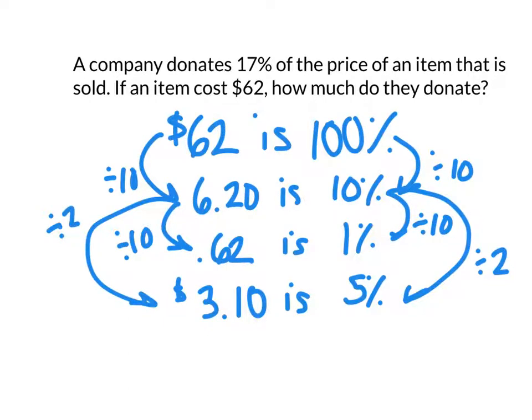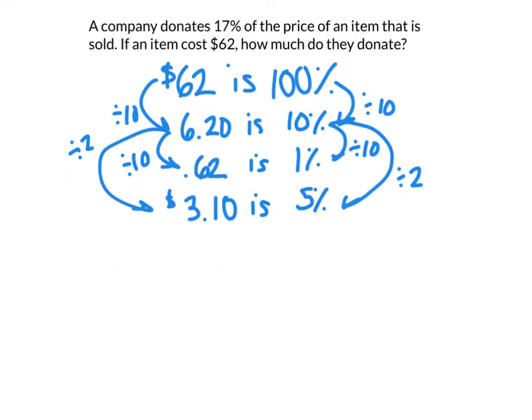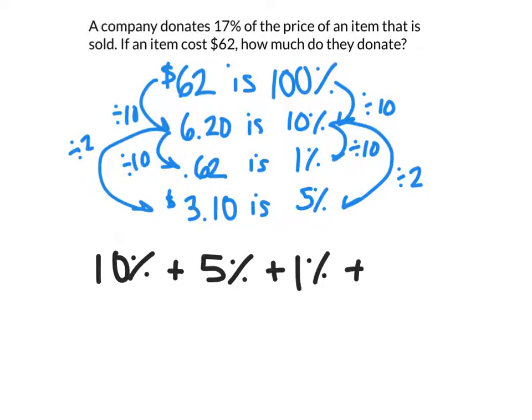And now let's see, I'm going to kind of add up some totals. So I'm going to add up what I need to get to 17%. So 10% plus 5% plus 1% plus 1% will get me to 17%.